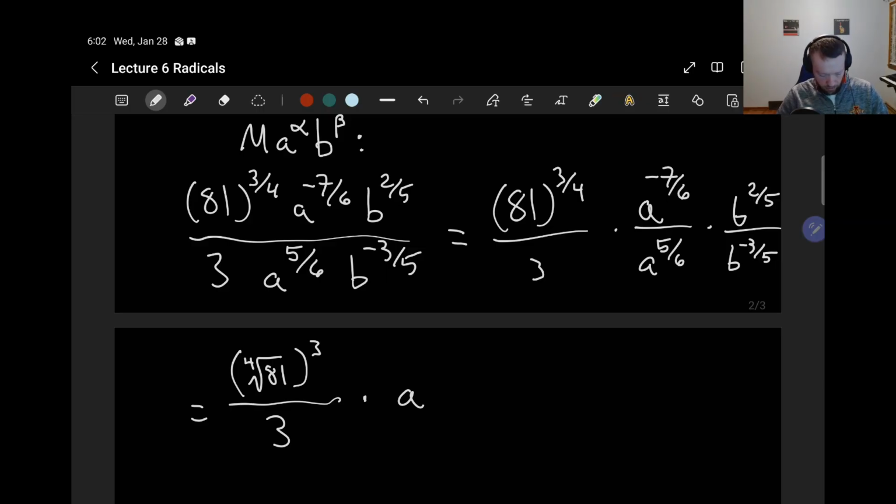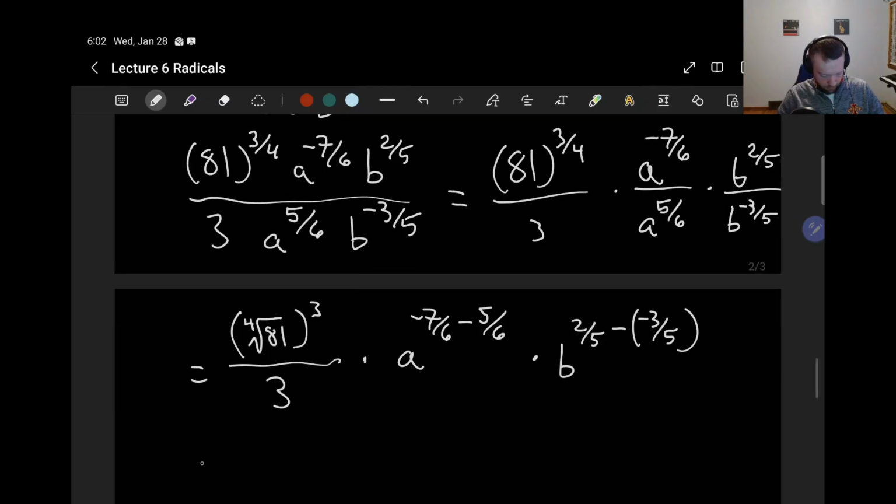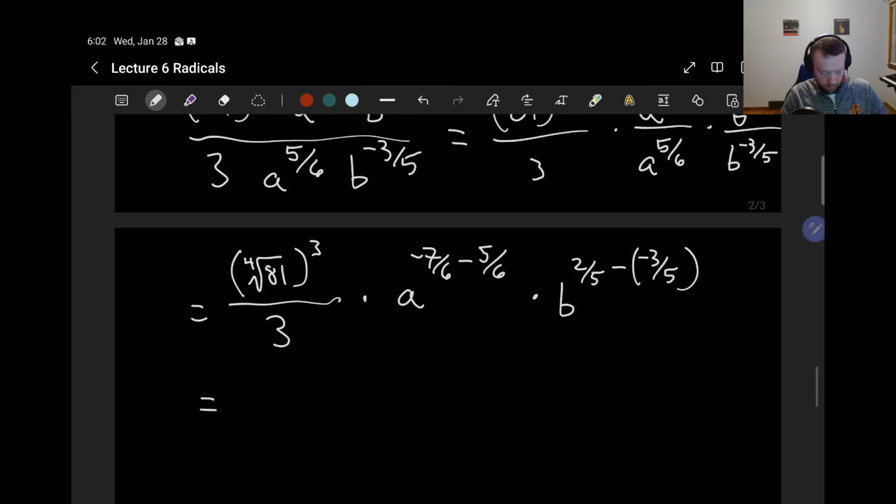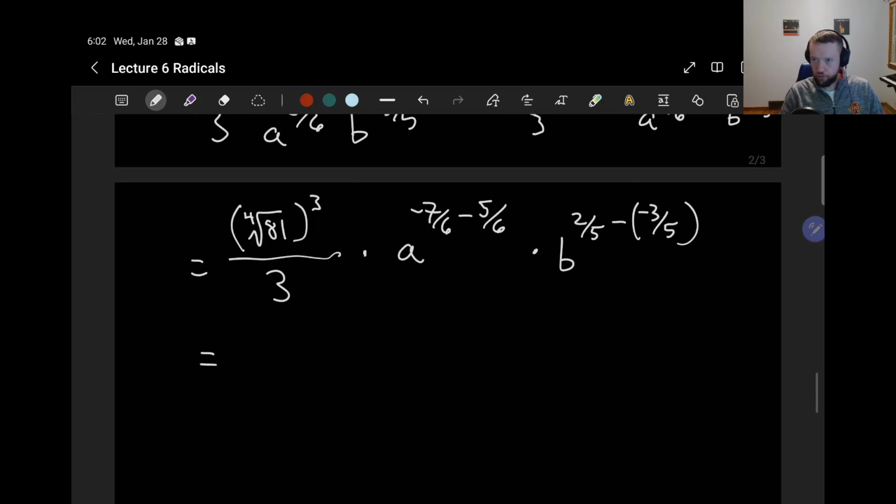The A portions, I can just use the exponent rules we learned last time. Subtract those powers. And over here with the B, I'm subtracting a negative. So as I said, the fourth root of 81 is 3.